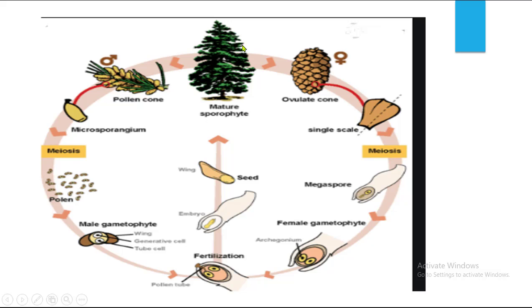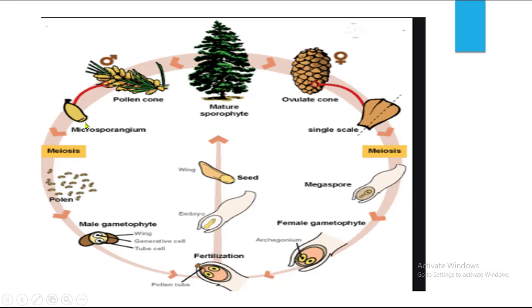This whole plant, the dominant, mature plant, is known as sporophyte generation. This sporophyte generation contains two types of cones, pollen cone and ovule cone. Pollen cone is the male cone, and ovulate cone or ovule cone is the female cone.